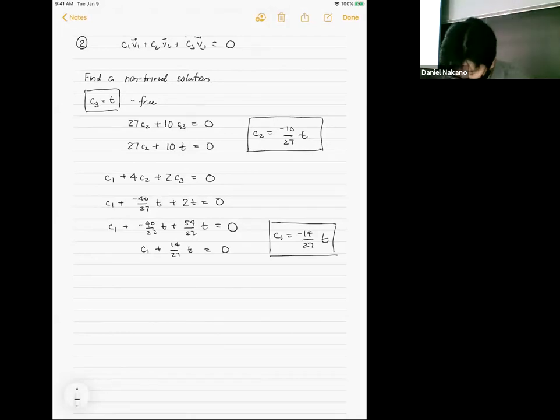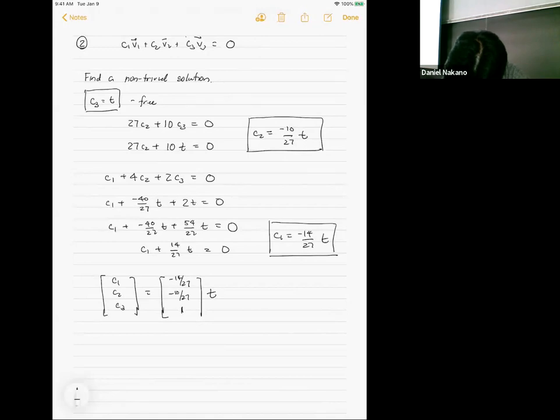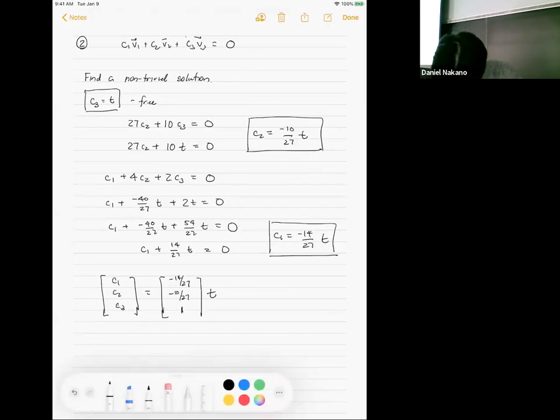Okay, so if we want to write out the general solution, we can. C1, C2, and C3 is going to be equal to minus 14 over 27, and C2 is minus 10 over 27, and C3 is 1, times T. Okay, everybody all right with that so far?